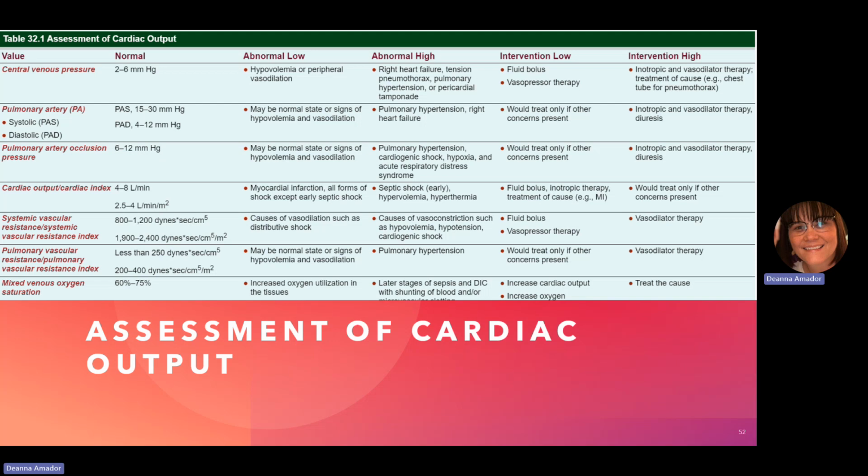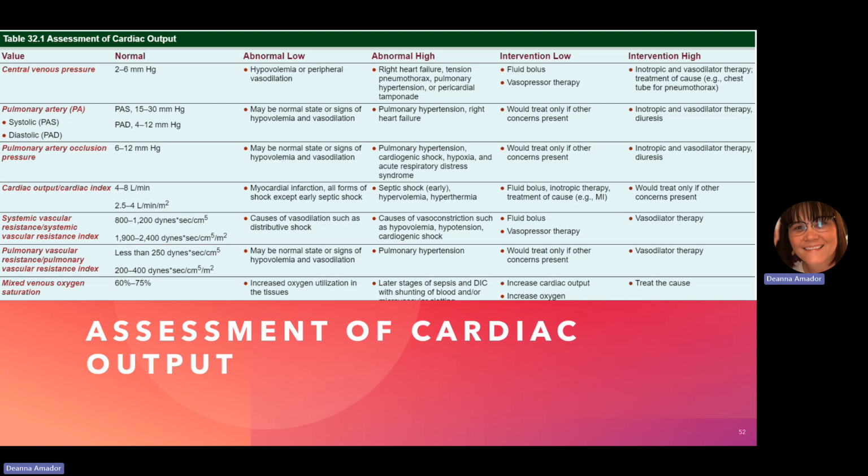This slide is kind of neat because it goes on to talk about the different values. So we've talked about CVP, or central venous pressure. We've talked about PA pressures, or pulmonary artery. And I told you there's a systolic and a diastolic.